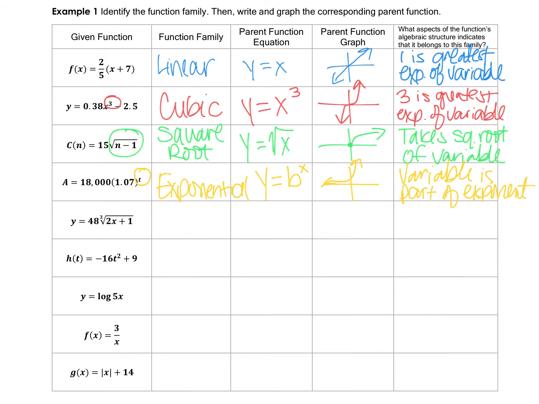Okay, so the next one, notice it's not a square root, it has a little 3 there, that's called a cube root. So your parent function for that is y equals the cube root of x. It's kind of similar to your cubic, except it is still a squiggly line, but it goes horizontally instead of vertically.